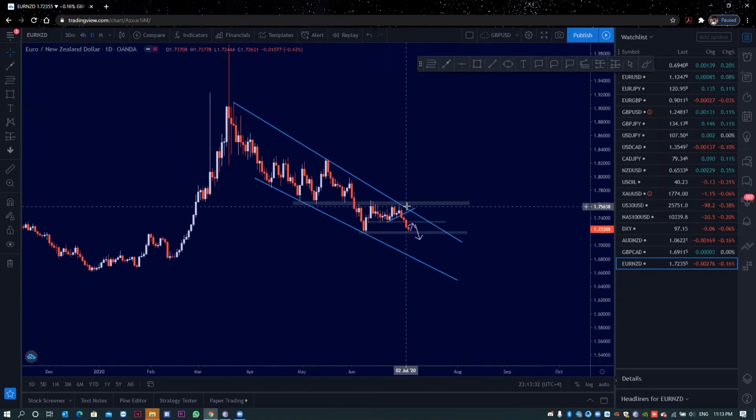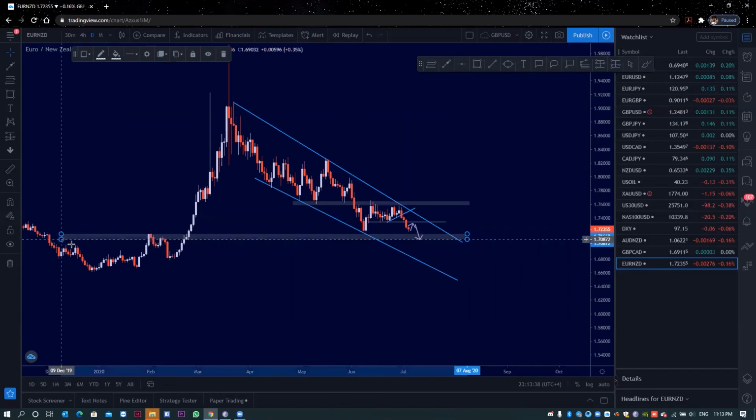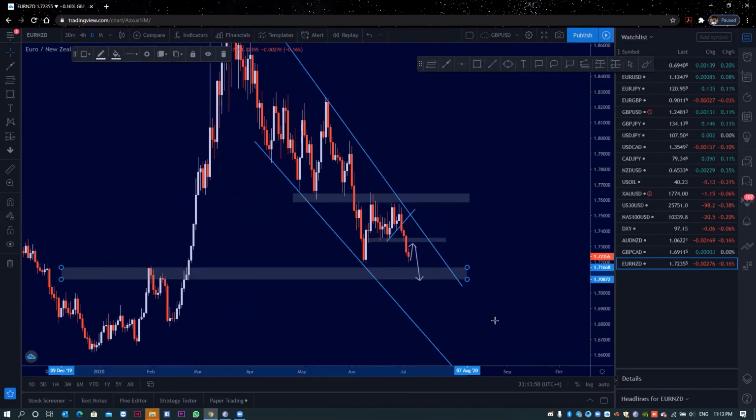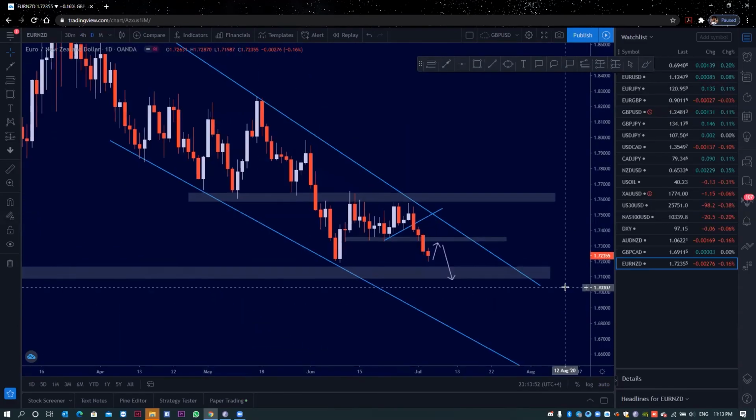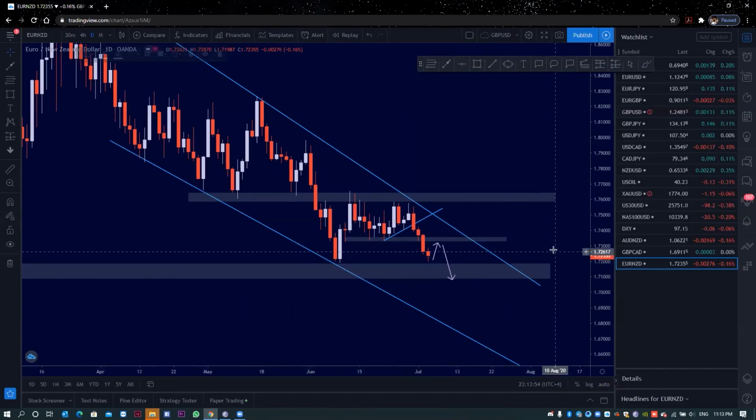Okay, one resistance is there, one support is there, one support is there. This is very strong support. If I check the previous, it was before a very strong resistance, but right now it has become a support. So we count this as very strong. If they break out of this, it will come here again for the retrace, so we can make money very easily right now. It's a very good chance.